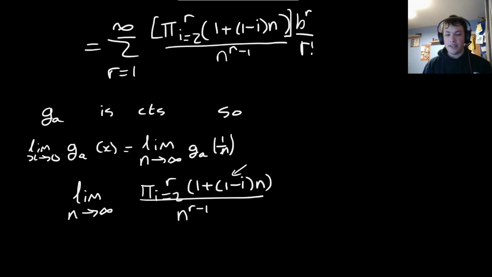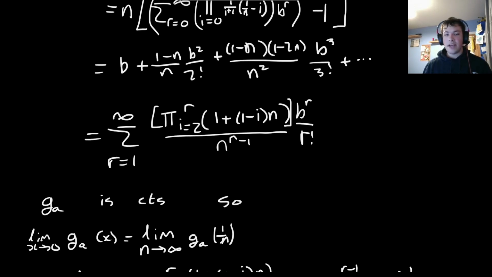All we're going to care about is these 1 minus i's. And then the powers of n, we're going to get an n to the r minus 1 on top, n to the r minus 1 on the bottom. Those are going to cancel out. And so this is going to end up being, you can work it out, 1 minus 1 to the r minus 1, r minus 1 factorial.